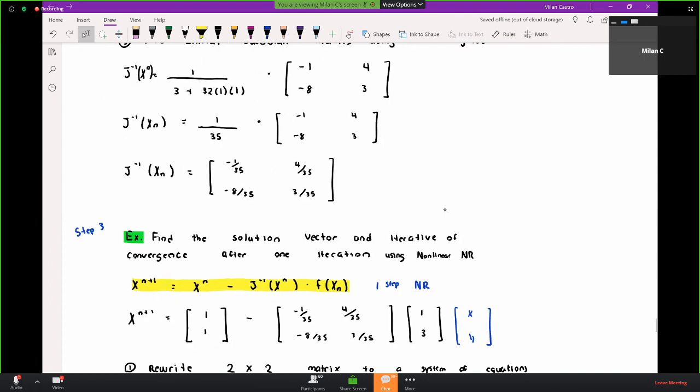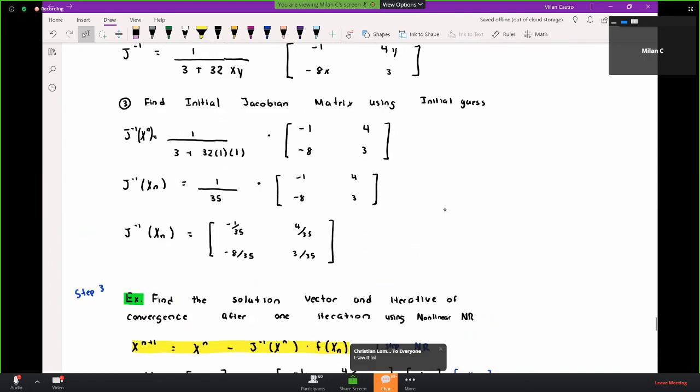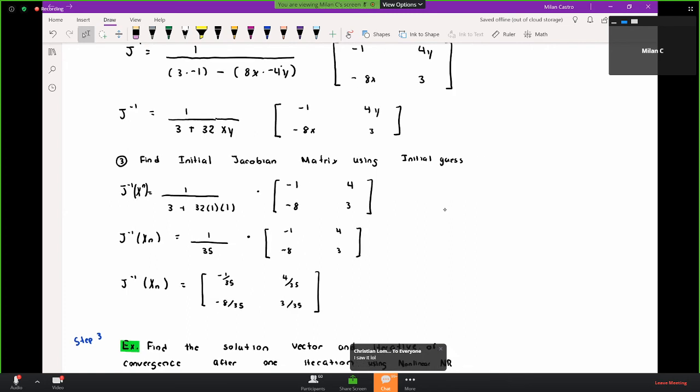So given the initial guess of 1, 1, we are going to find the initial Jacobian matrix. So we're just plugging in. Let me write that down. Our xn is going to be equal to 1, 1, and we're going to plug in these values for x and y. So we're going to get 1/(3 plus 32 times 1 times 1), which ends up being 1/35.